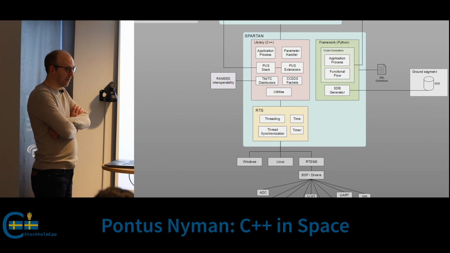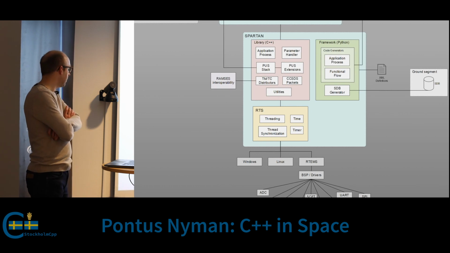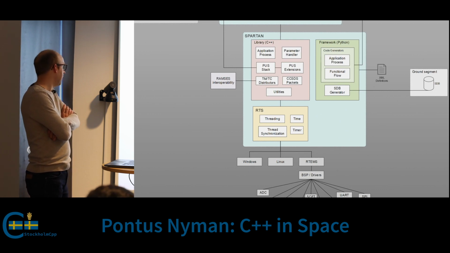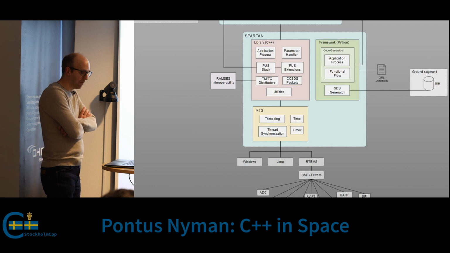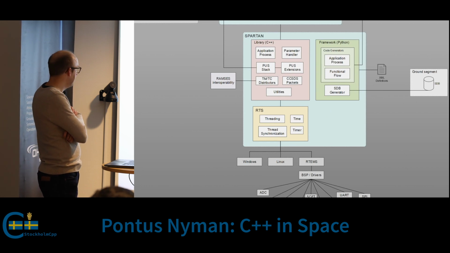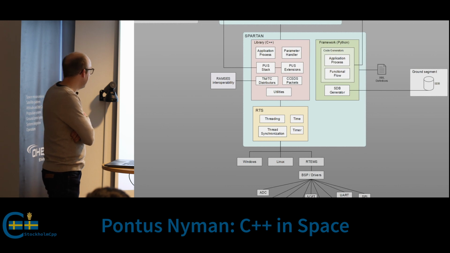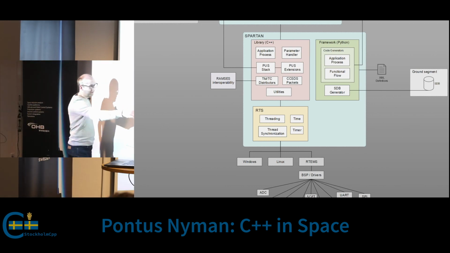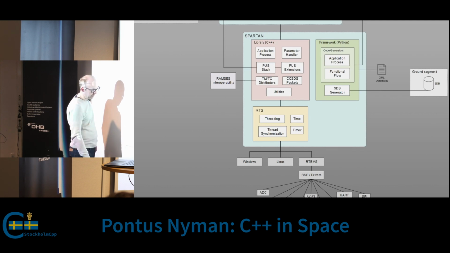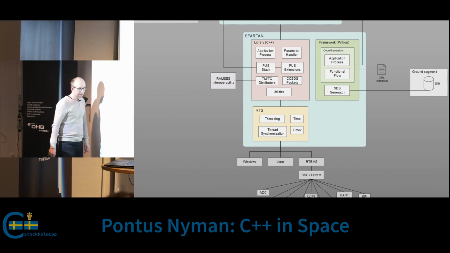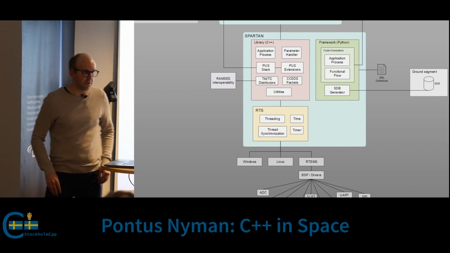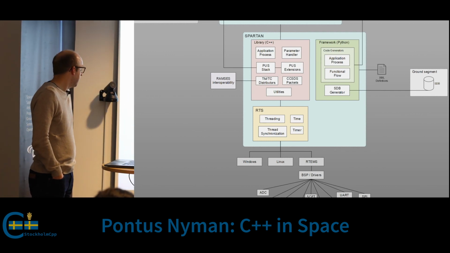RTEMS comes with a task handling system, and a task in RTEMS is basically a thread. We get the thread synchronization stuff like semaphores and events. And we have some sense of time, we can get ticks and stuff. This part can be ported to whatever you need. We have ported it to Linux and Windows, and we can use that for running unit tests and building simulators.